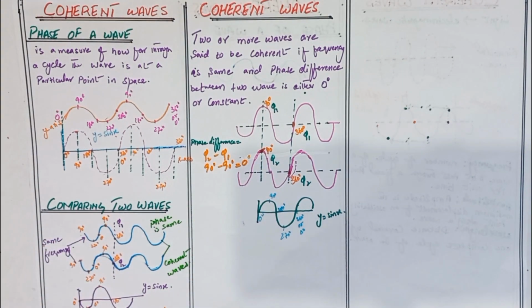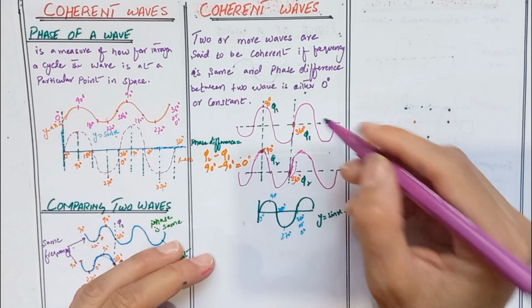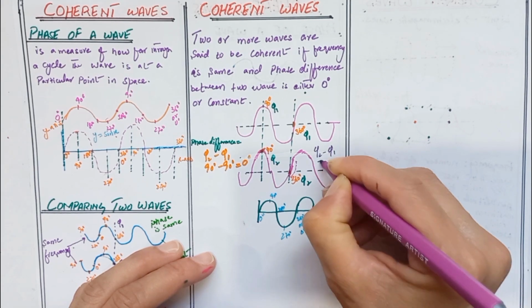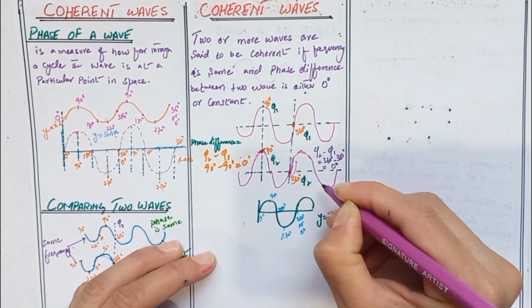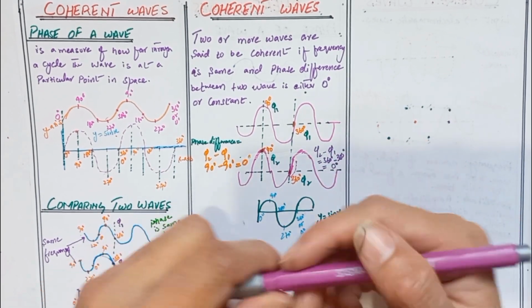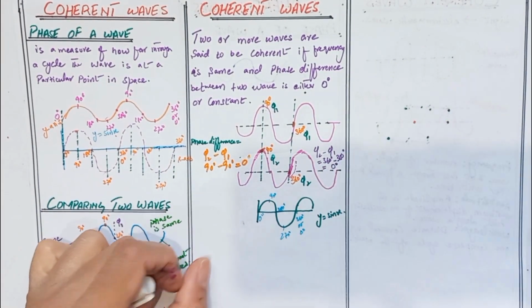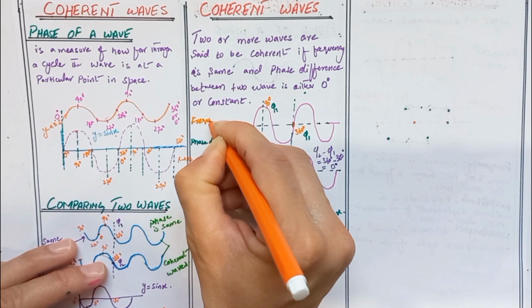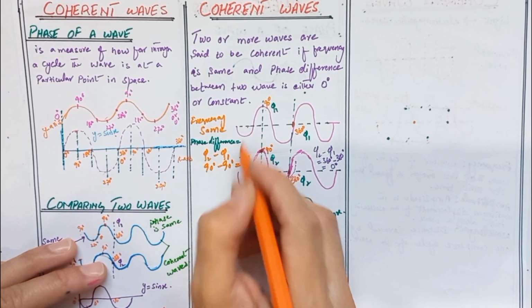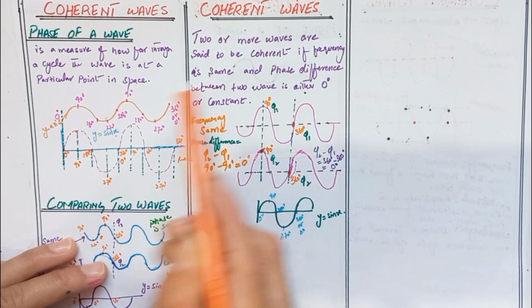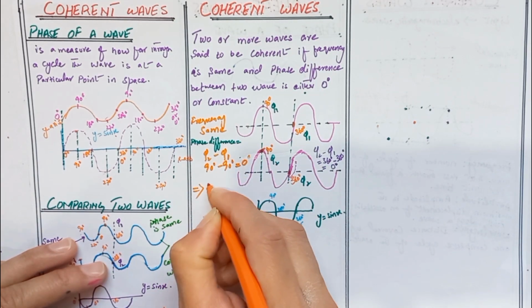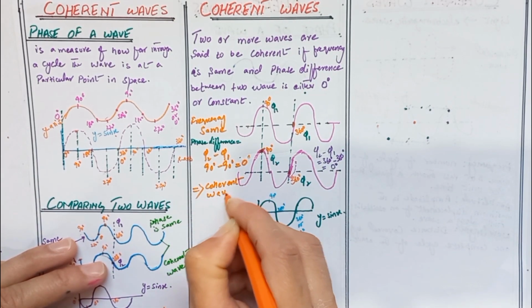For the other points, phi 2 minus phi 1, phi 2 is 360 degree and phi 1 is 360 degree, so it is equal to 0 degree. So in both waves the frequency is the same and the phase difference is 0 degree. So for the definition, if the phase difference is 0 degree and the frequency is the same, then both waves are coherent waves.